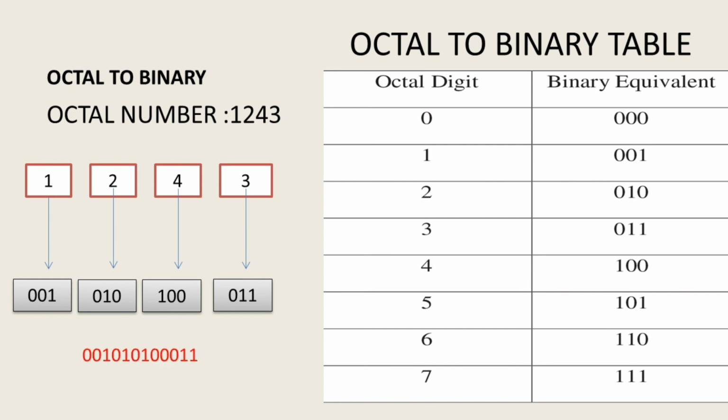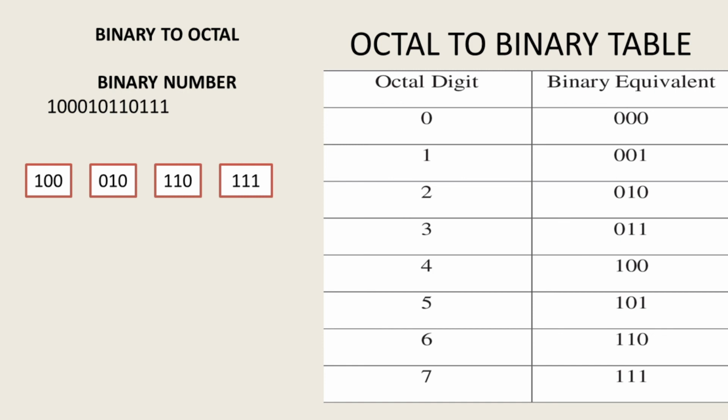After writing them down, we ignore the leading zeros. If there are zeros before a number, we can remove them. So here the answer will be 1 0 1 0 1 0 0 0 1 1. So the first two zeros are omitted and nothing else.